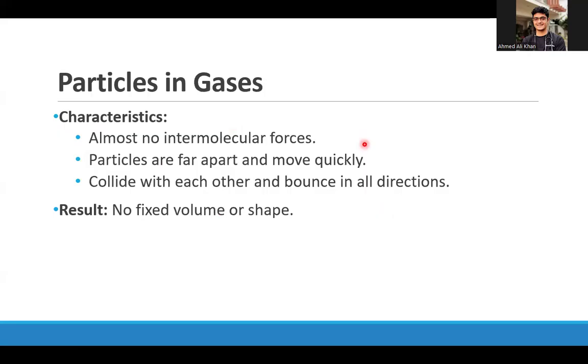Let's move on to gases. In gases the intermolecular forces are negligible. Okay? Now there's a huge misconception that in gases there are no intermolecular forces. That's wrong. Gas molecules are weakly attracted to each other. It's not that there is no attraction at all, they are weakly attracted to each other.